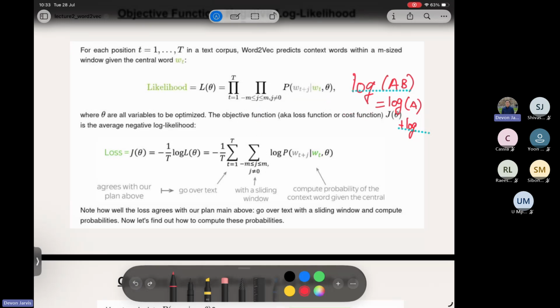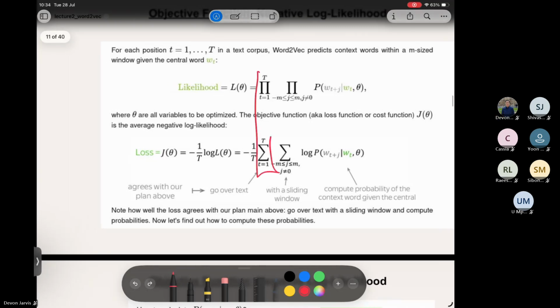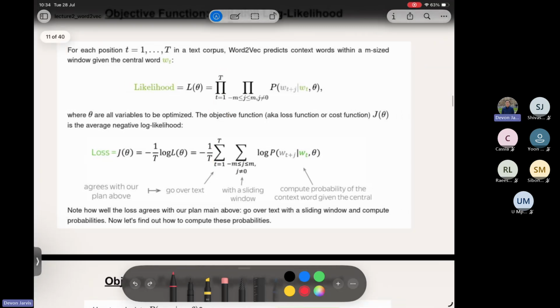Okay, that's the identity. And then lastly, the same is true of the product over time as well, right? This becomes a summation instead of the actual product.